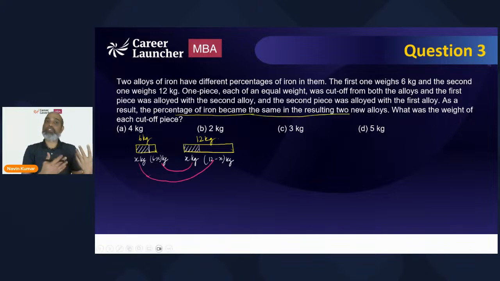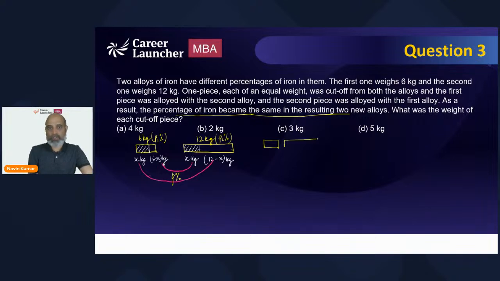So what was the initial percentage of iron? We don't know. So I'm going to assume that the 6 kg alloy had an iron percentage of P1 percent. This 12 kg alloy had an iron percentage of P2 percent. And when they are mixed, the percentage is P percent in both. So if I look at the first case, I have an X kg alloy, which is mixed with 12 minus X kg.